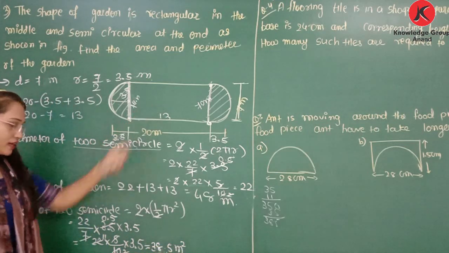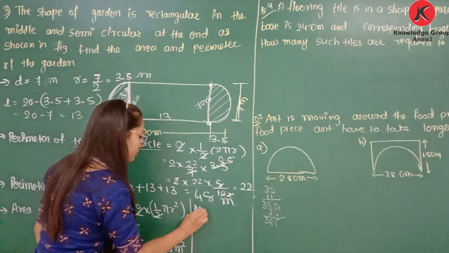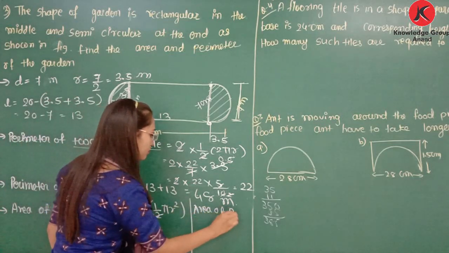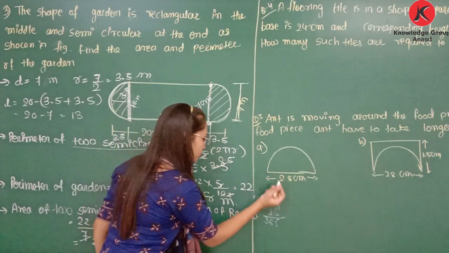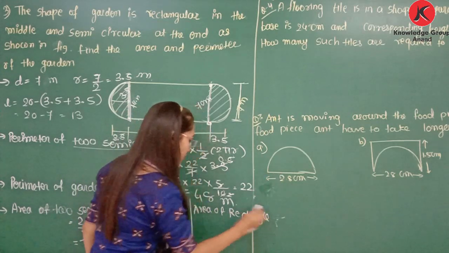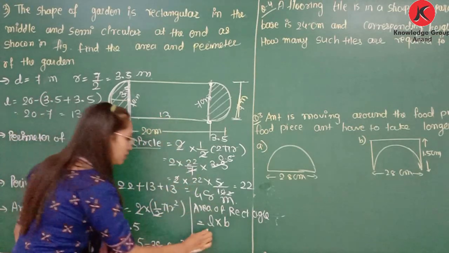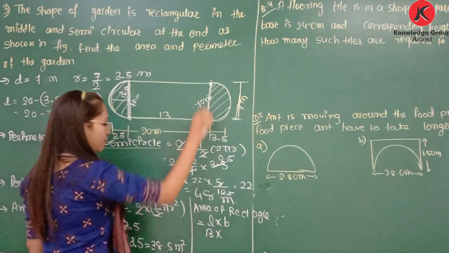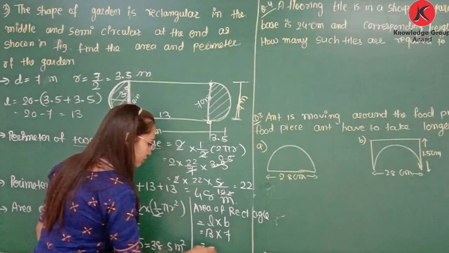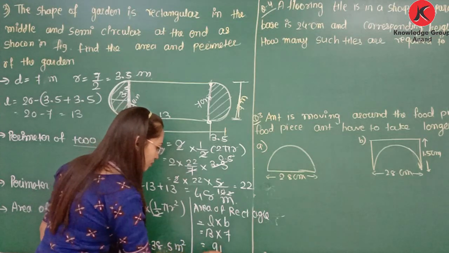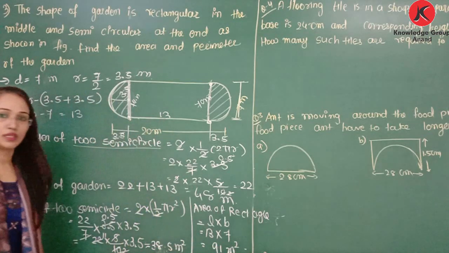Now area of a rectangle. That is what? L multiplied by B. So L is 13, B is 7. 91 meter square.